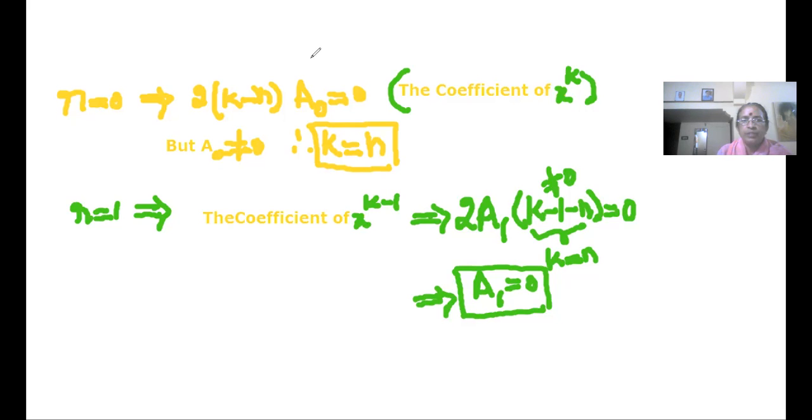Now we are going to consider the third case, that is when r equal to r only. When you consider r equal to r only, we are going to compare the coefficient of x power k minus r.